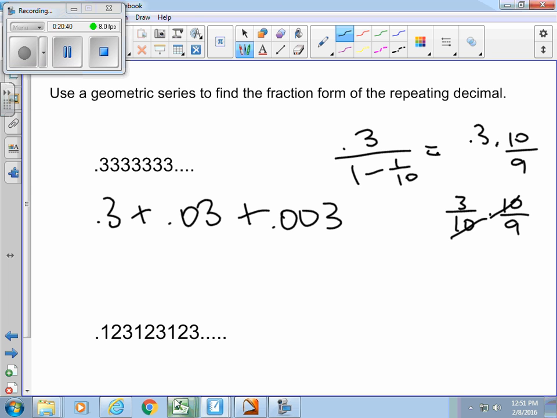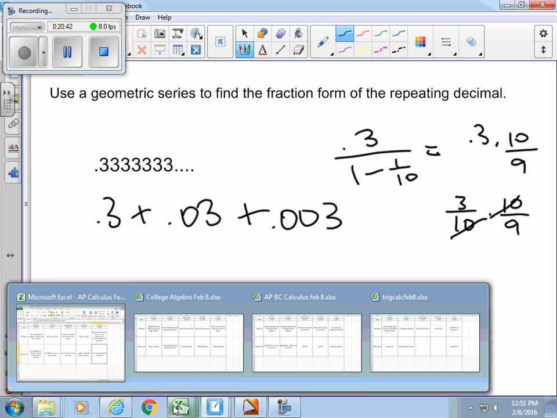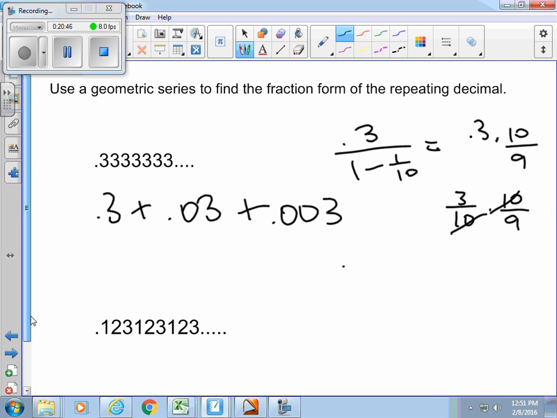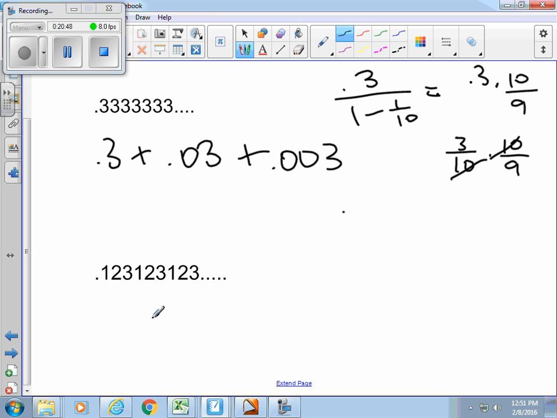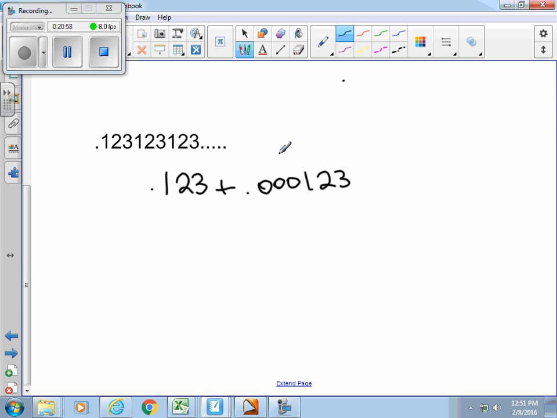And you could do the same thing with 0.123 repeating. We would do the first term, I would call it 0.123, the whole repeating portion, plus 0.000123, and we could go on. This time we're multiplying by what?